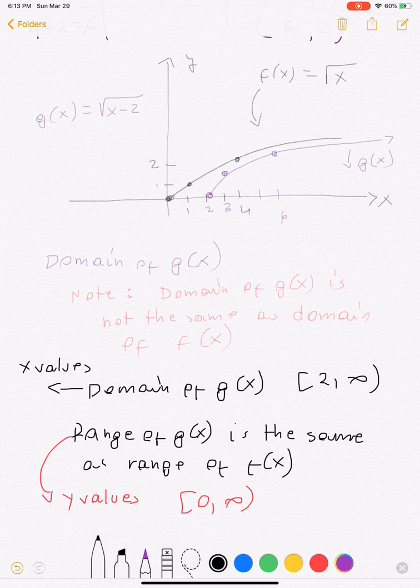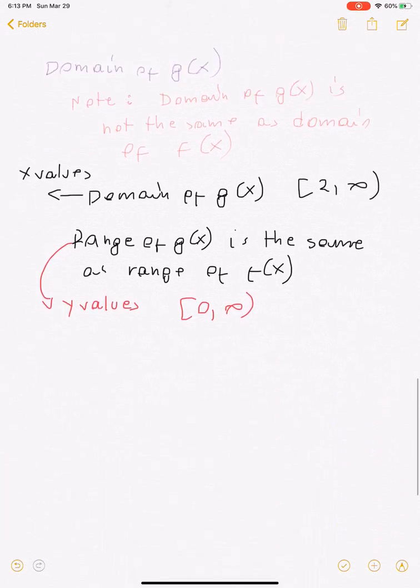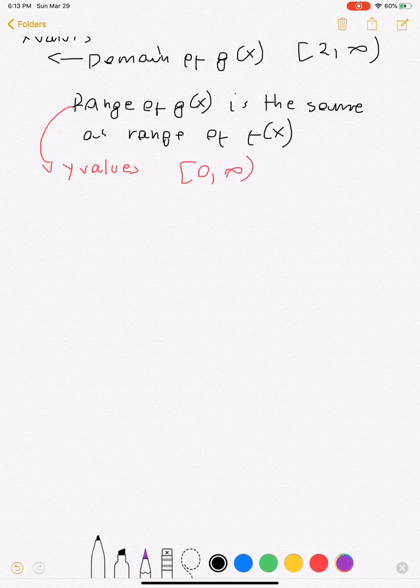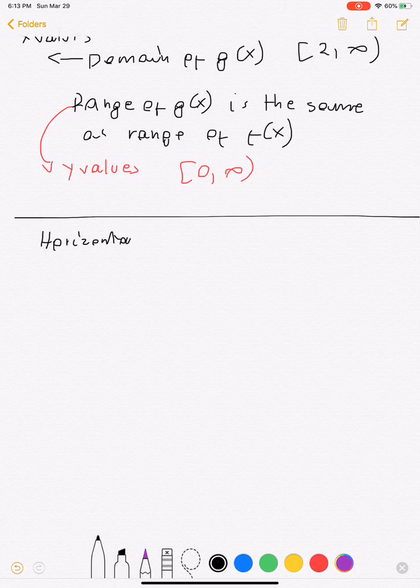Okay, so that was the horizontal shift. Let's talk about horizontal translation to the left next. Okay, so now we're going to talk about the example when we're pushing graph to the left.